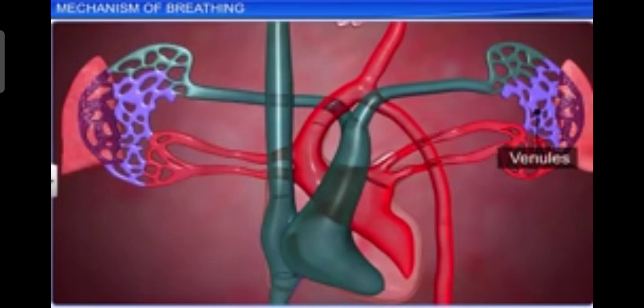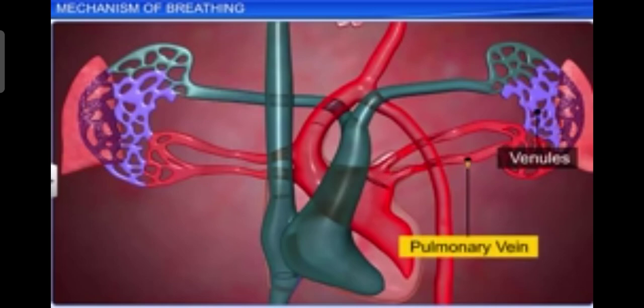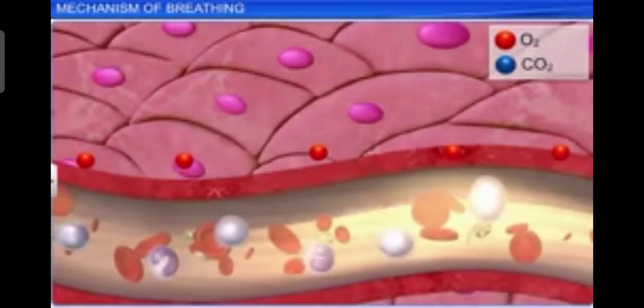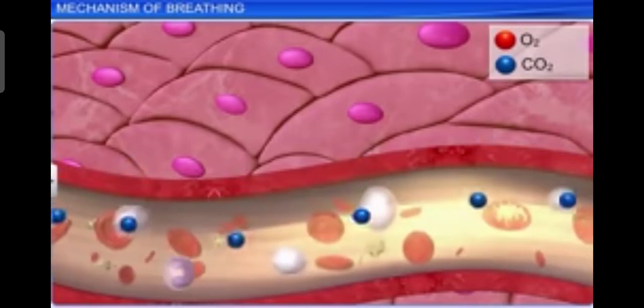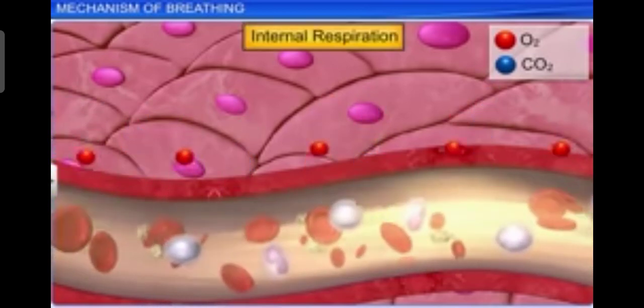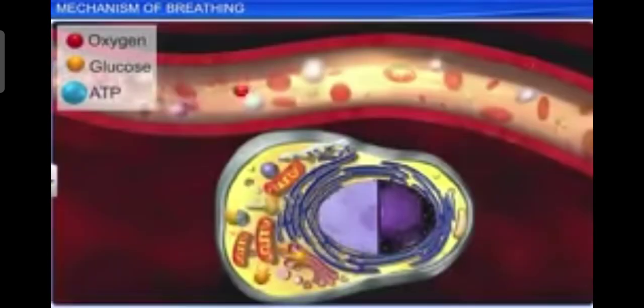In the lungs, oxygen and carbon dioxide are exchanged between blood and air. Then the blood flows out through the alveolar capillaries and venules, and returns to the heart through the pulmonary vein. The heart pumps the oxygen-rich blood to different tissues.